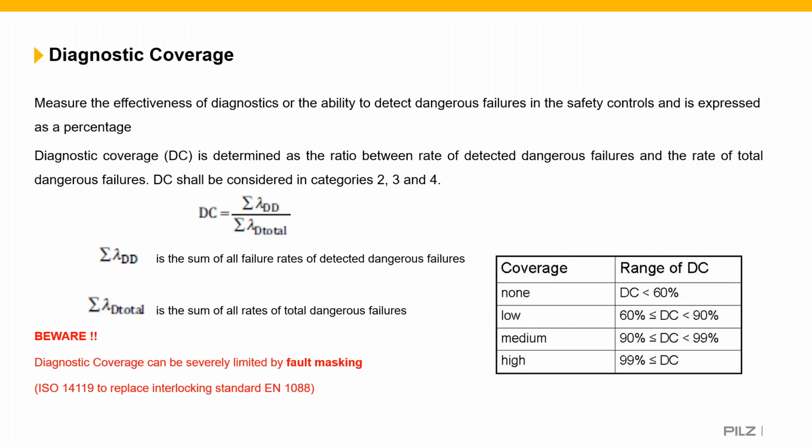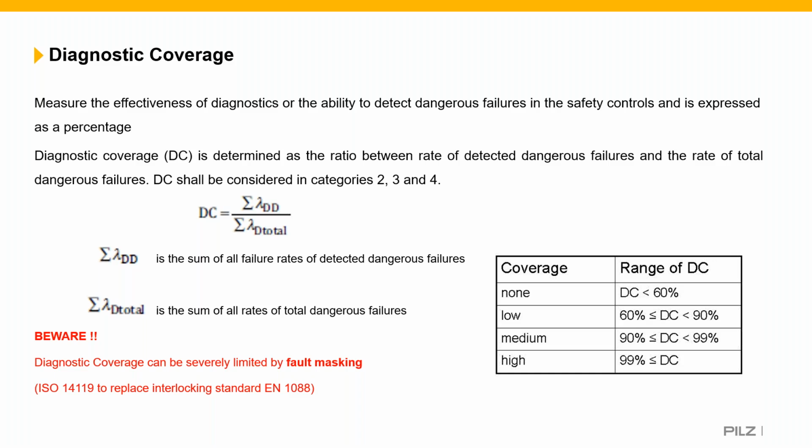So what is diagnostic coverage? As I said before, it's the system's or the subsystem's ability to detect dangerous failures upon itself and do something about it. And that something is usually to establish a fail-safe condition.